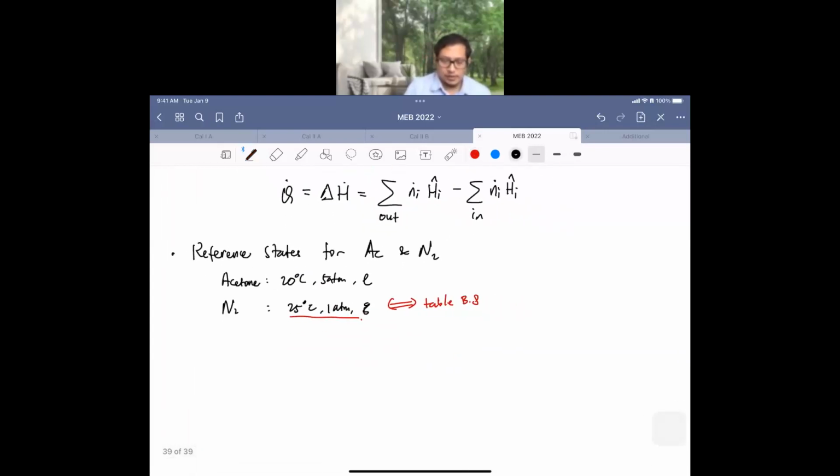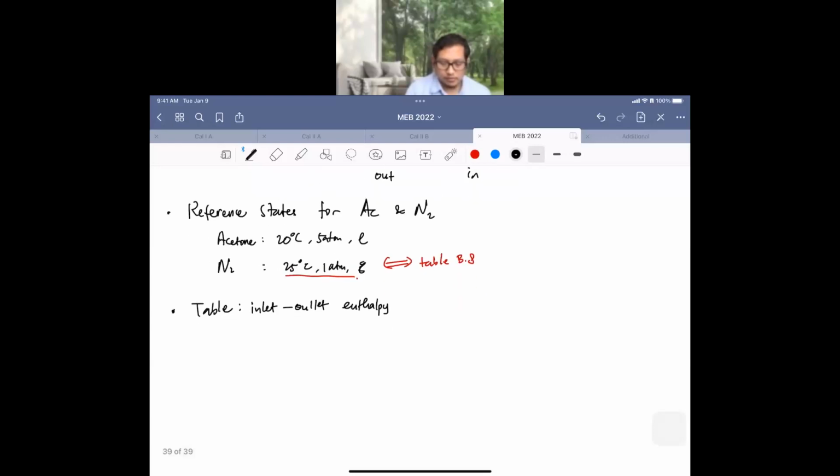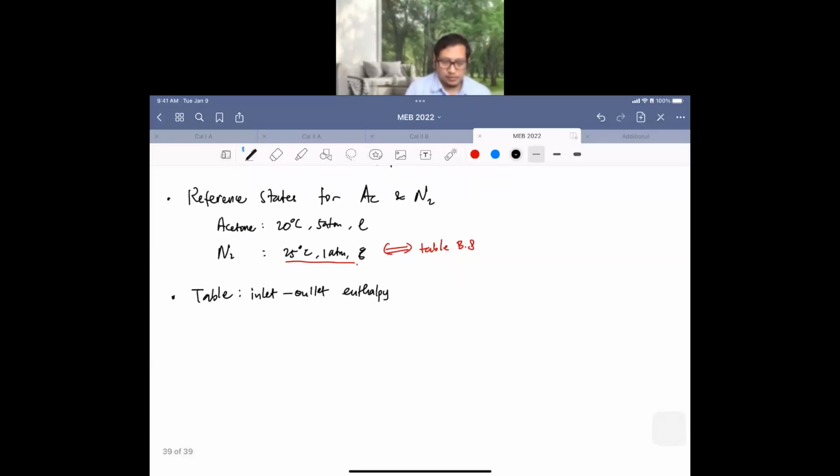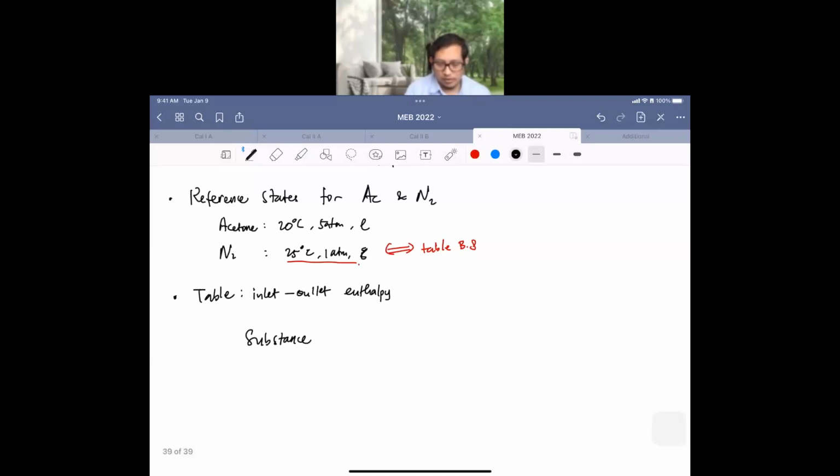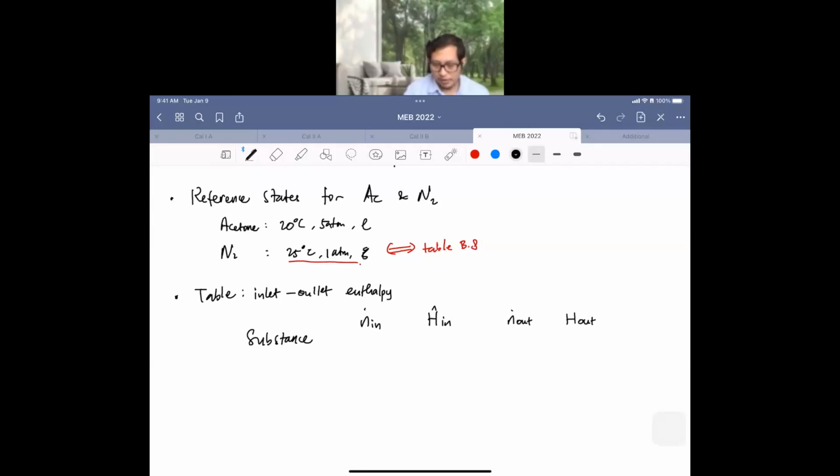Okay, and then we construct a table. So table: inlet, outlet, enthalpy. So substance, and then all the species, the moles in, the specific enthalpy in, and also moles out and specific enthalpy out.